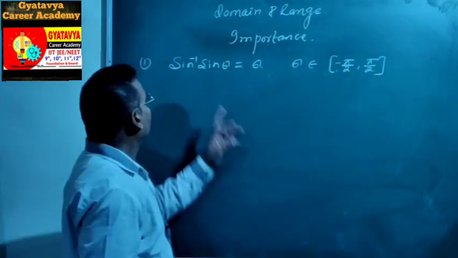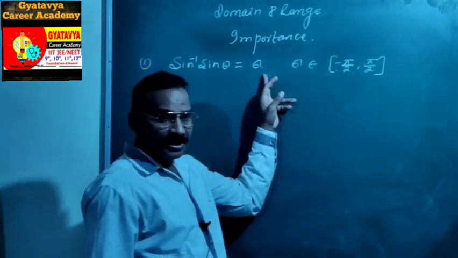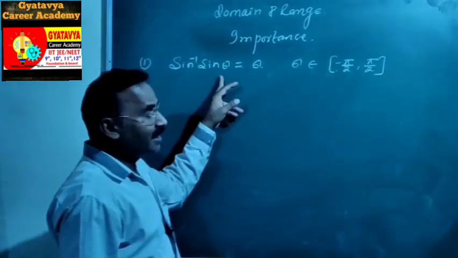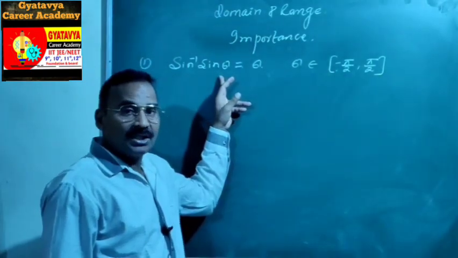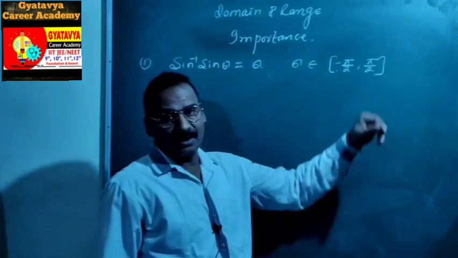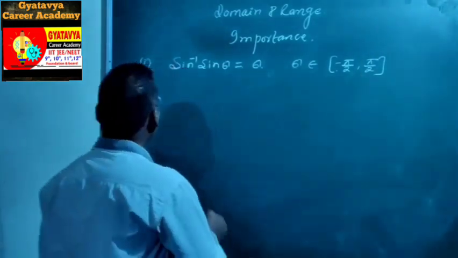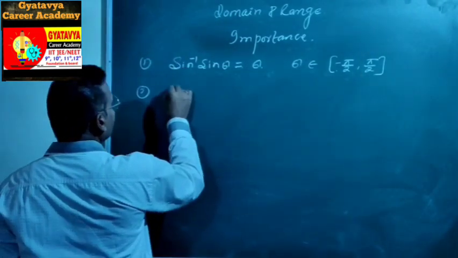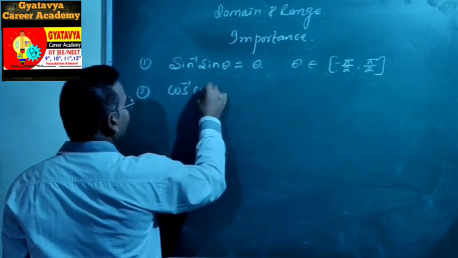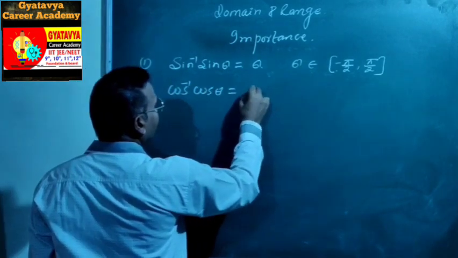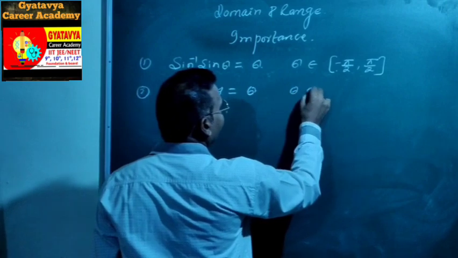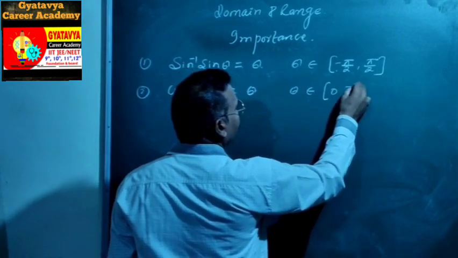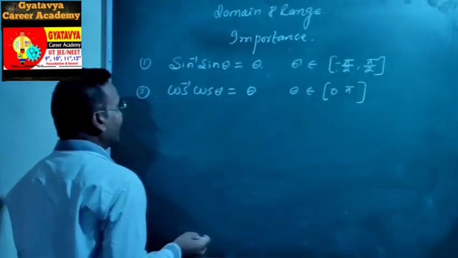Okay, sin inverse sin theta is equal to theta means the function and inverse function cancel each other if theta belongs to minus pi by 2 to plus pi by 2. Okay, now second, cos inverse cos theta is equal to theta if theta belongs to 0 to pi, according to domain and range.